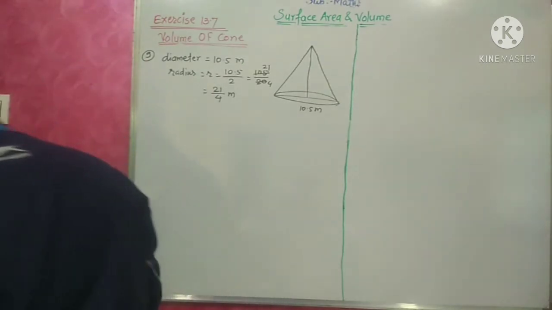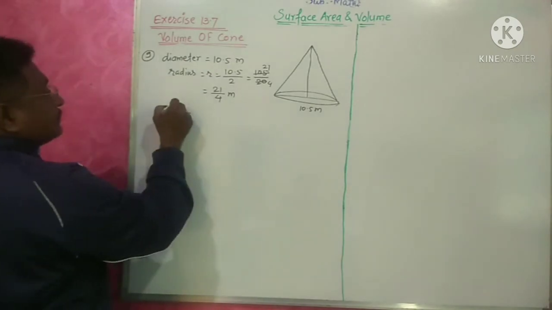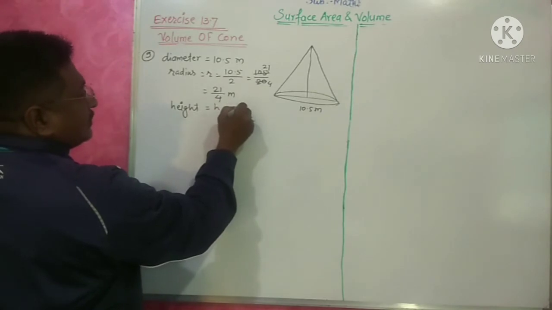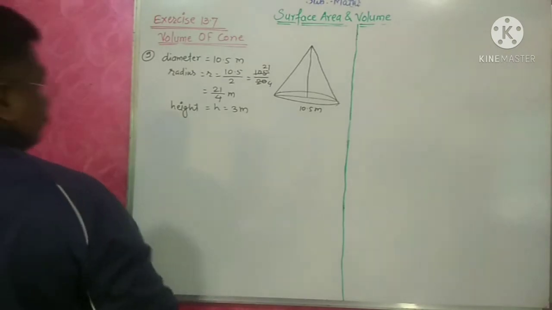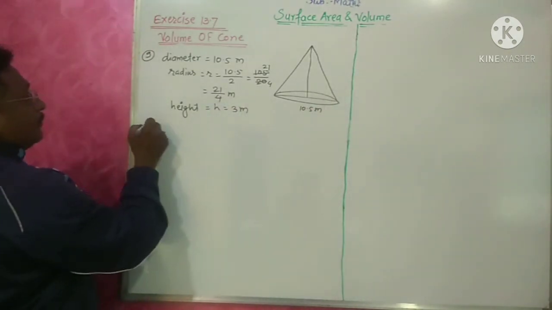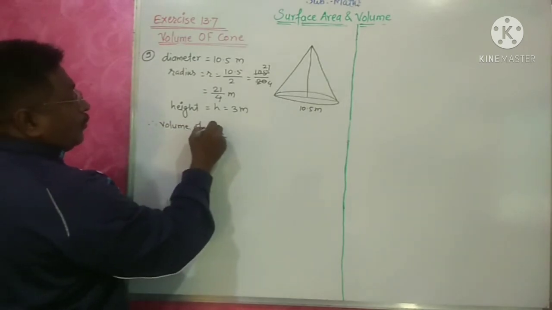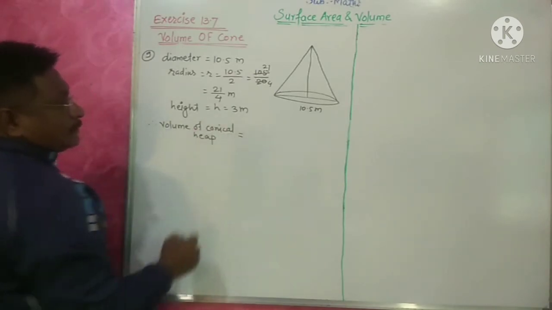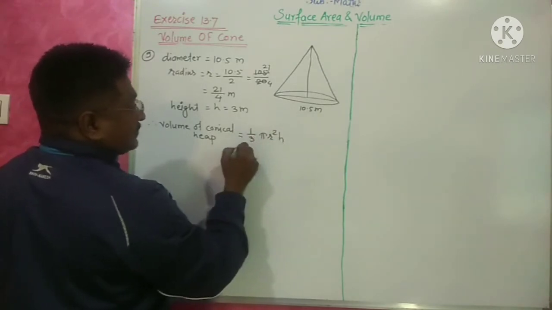Okay. Now again what is given? And height is 3 meter. H, height, 3 meter. Find its volume. First we will find its volume. So therefore volume of conical heap. What will we get? 1/3 pi r square h.